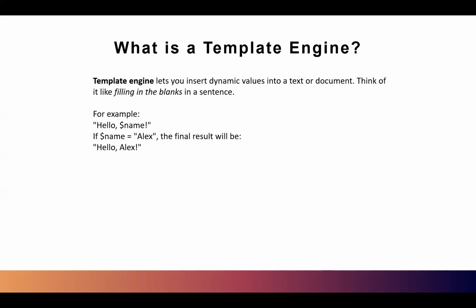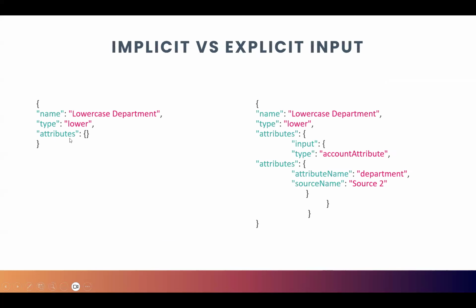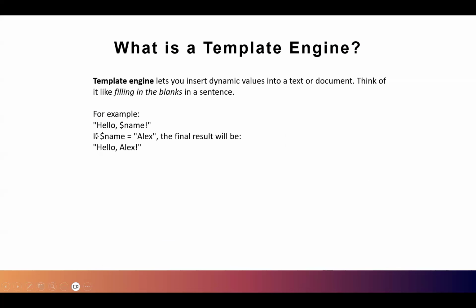Okay, so let's take an example here. Hello $name is the transform string. If name is Alex and that Alex is passed into the string, the output will be hello Alex. So this is internally done by the template engine.